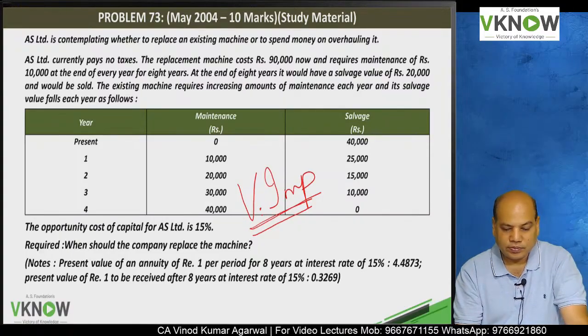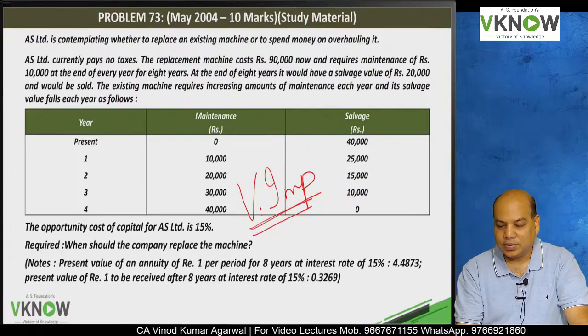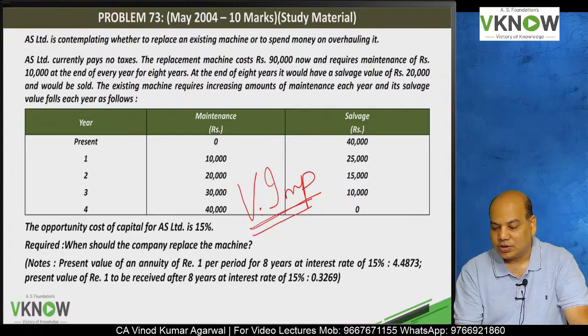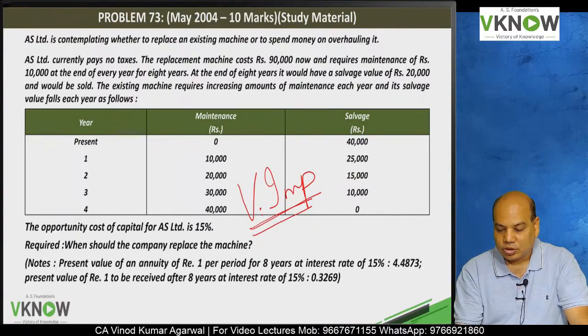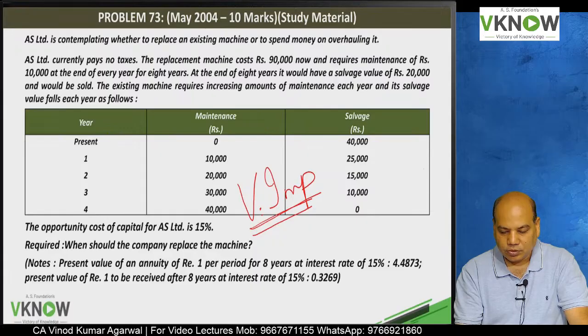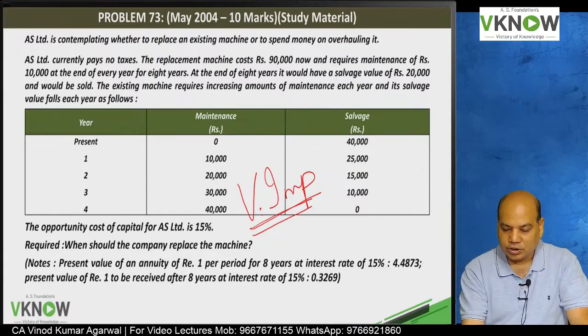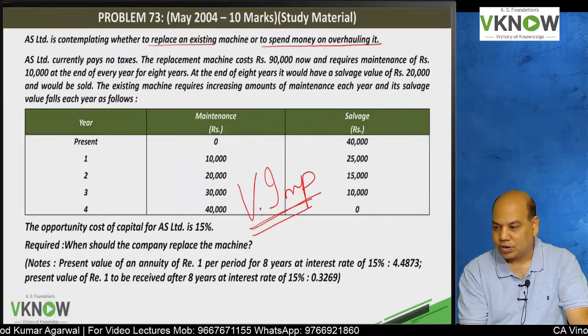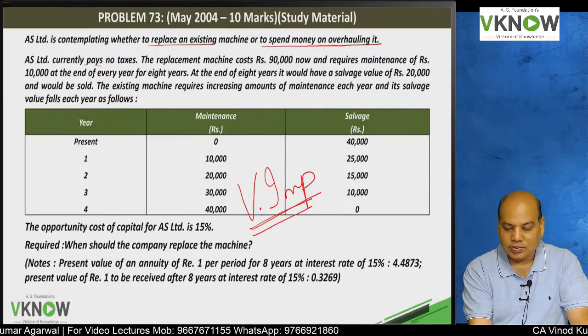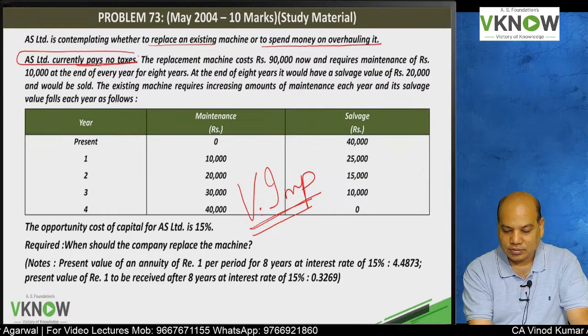Mind my words. AS Limited is contemplating whether to replace an existing machine or to spend money on overhauling it. So same question, whether you should replace it or you can continue to use it for some more years. AS Limited pays no taxes.